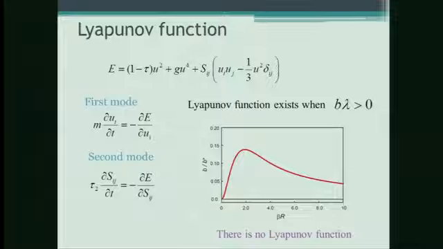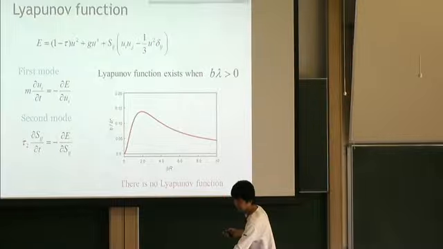But in some sense this is not very surprising, because we are far from equilibrium. There's no reason why we should have a Lyapunov function, but this is explicitly calculated somehow.